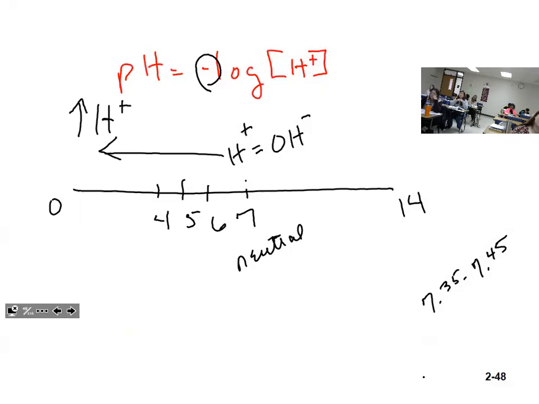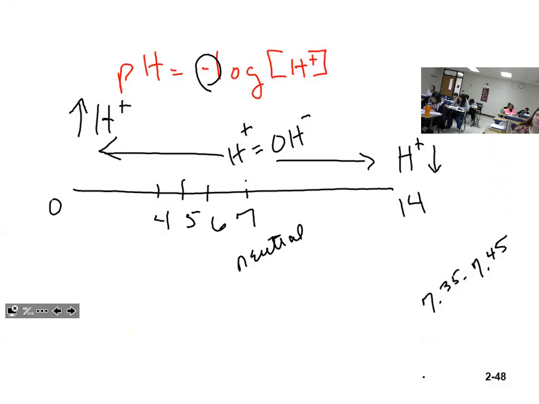It's going up. What this negative means is that this scale is written inversely proportional. So actually, as numbers go down, hydrogen goes up. And as the numbers go up, hydrogen does what? Goes down. Does that make sense?